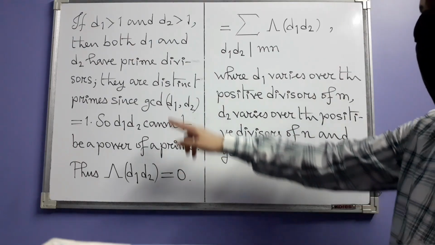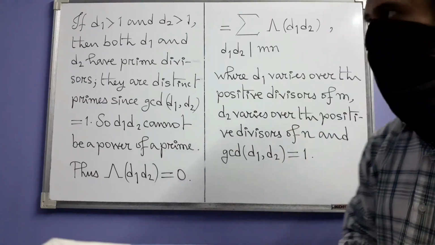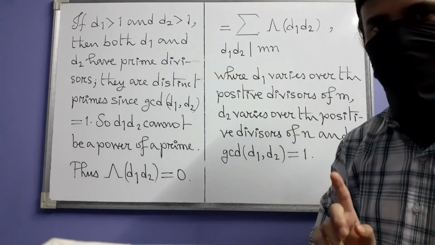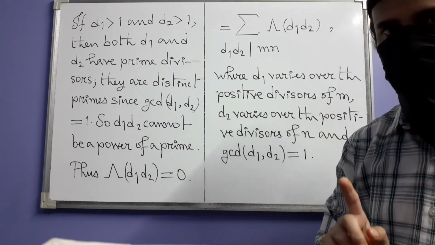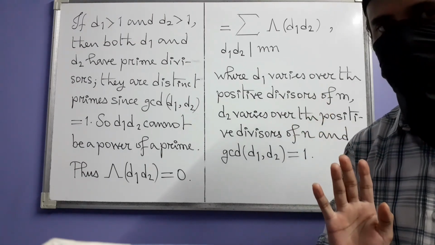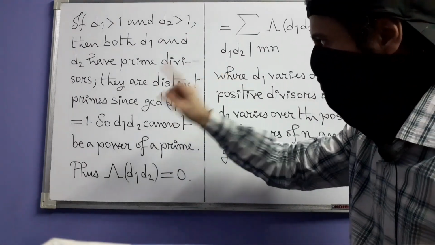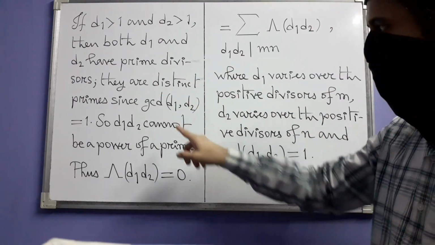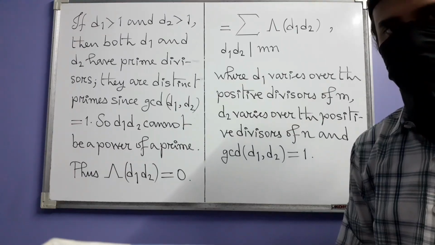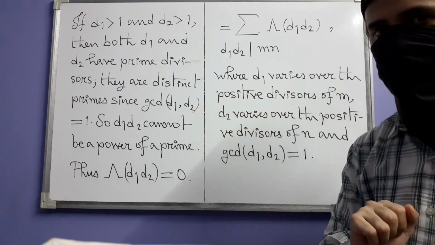Let us look at the case where d1 and d2 are both greater than 1. Because both of them are greater than 1, by the fundamental theorem of arithmetic, both are divisible by some primes, at least one prime. And those primes are distinct primes because d1 and d2 are relatively prime, so the same prime cannot divide both of them.